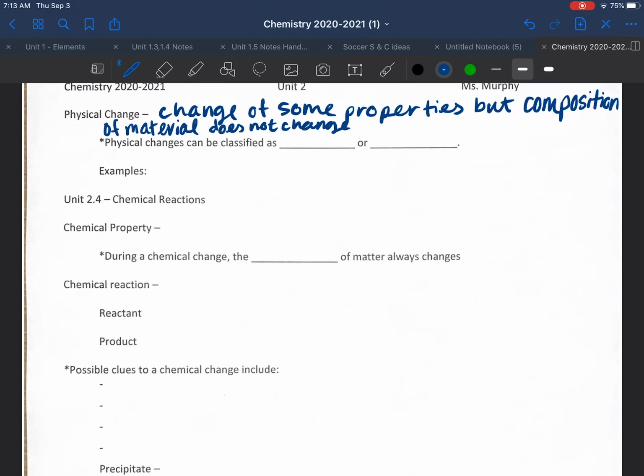So, an important thing to note about physical changes is that they can be classified either as reversible or irreversible.